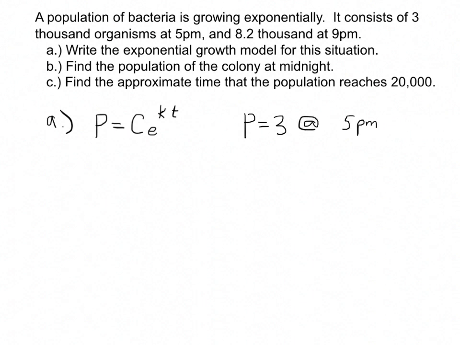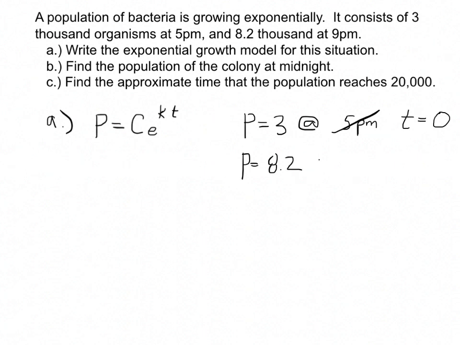Now in the context of the problem, the best way to do this is to not say that time is 5. The best way to do it is to say, well, whenever it's 5 p.m., let's say that time is 0. Let's just say that time started at 5 p.m. and say time is 0. Then we know further on that the population will be 8.2 thousand.